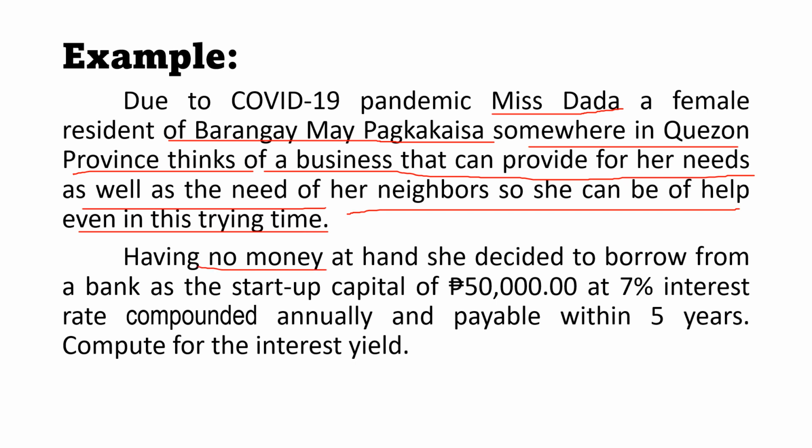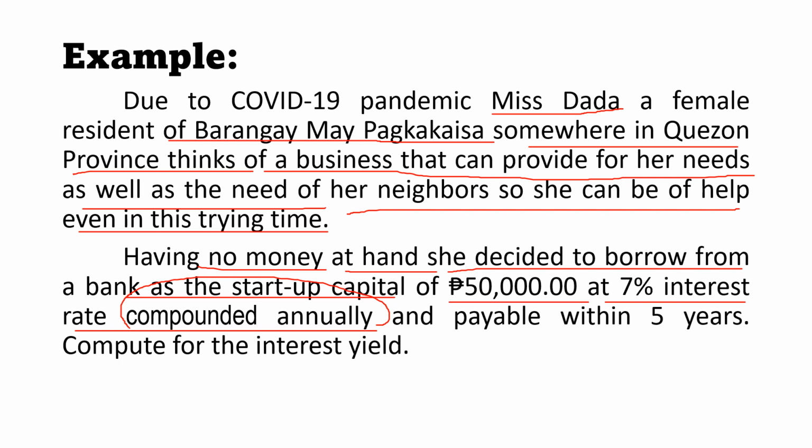Having no money at hand, she decided to borrow from a bank as startup capital, which is 50,000 pesos at 7% interest rate compounded annually. This is the only difference from our previous example, where Miss Dada is also involved.